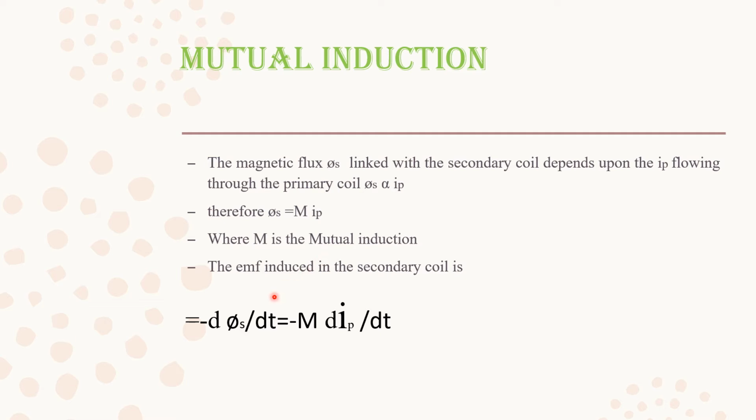And when EMF is induced in the secondary coil, it is nothing but minus d phi s by dt, and we replace phi s by M into I P, and the equation becomes minus d phi s by dt is equal to minus M dI P by dt.